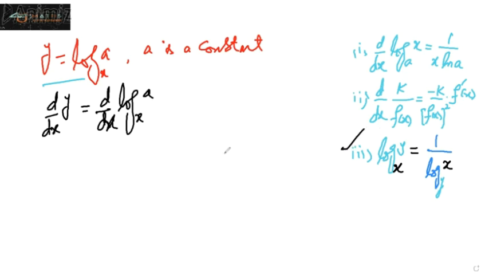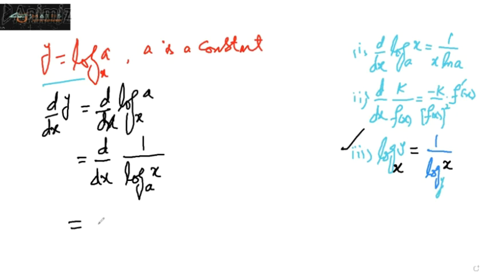We can't find the derivative of this log of a to the base x directly, so we will make use of this third relation. That is, first we will reciprocate this logarithm, so we will have 1 over log of x to the base a. That is, we have interchanged the term a with the base x.